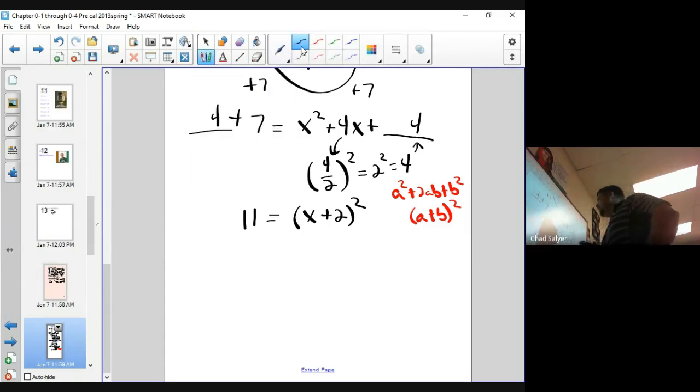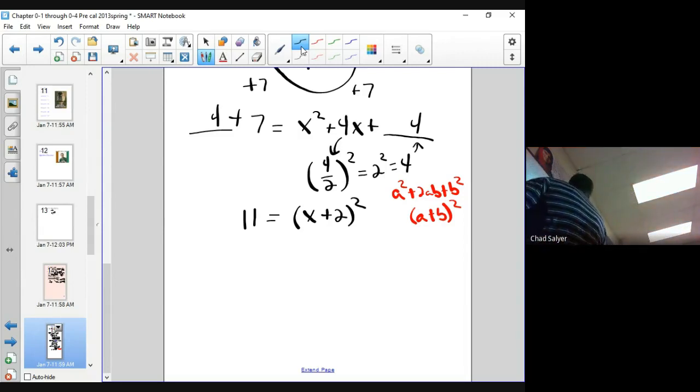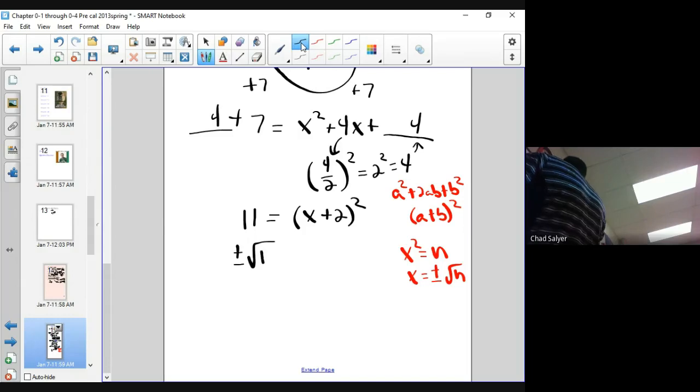Okay, so from here we're going to use the square root property, which tells me, I'm going to go to red again, that if x squared equals n, then x equals plus or minus the square root of n. So using that property, I get this.